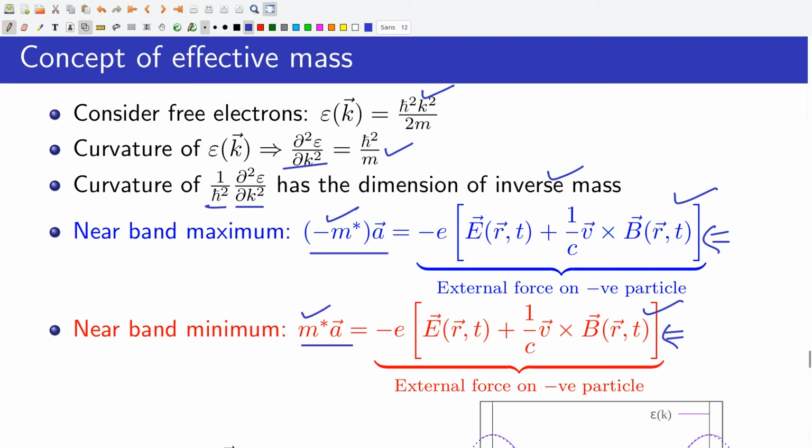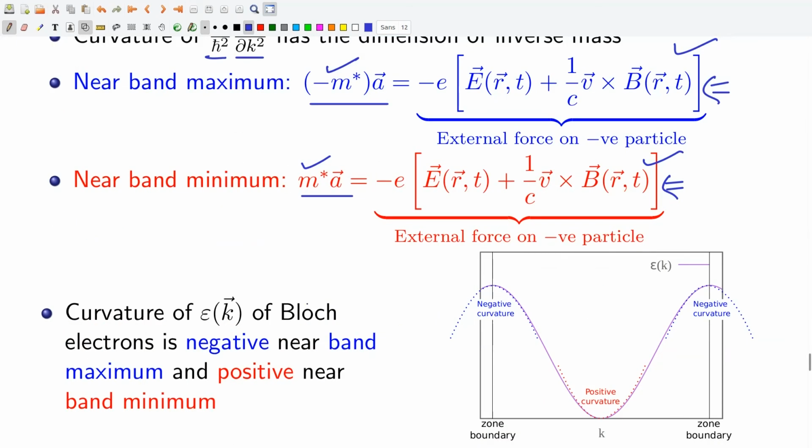In case of the band minimum, m star of the electron is positive. Now, let us look at the E(k) curve of Bloch electrons. Curvature is negative near the band maximum. Since curvature of the E(k) curve is related to mass, negative curvature corresponds to negative effective mass in case of states near the band maximum.